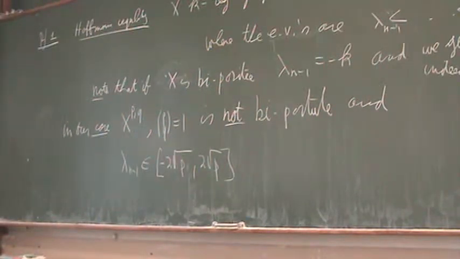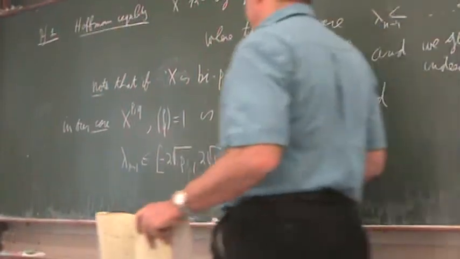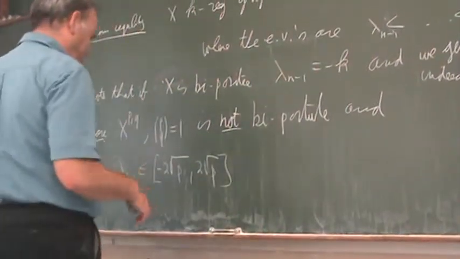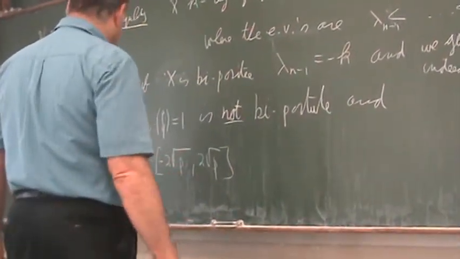Why is the trace zero? Because there are no loops, so everything on the diagonal is zero, so the sum of the eigenvalues is zero, and therefore there are negative eigenvalues. Yeah, sorry. Good thing. I forgot, it's easy.